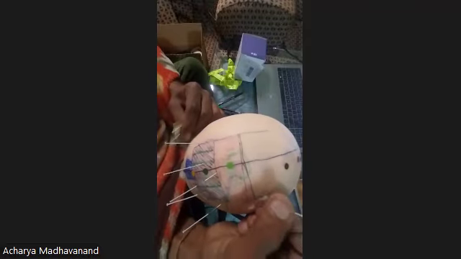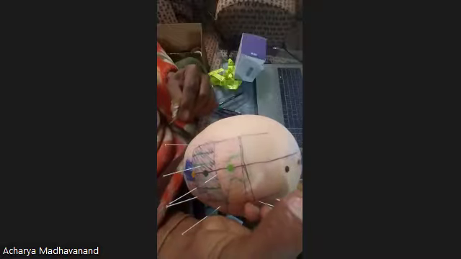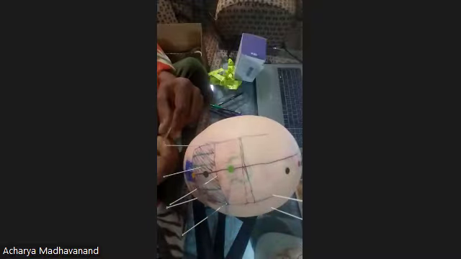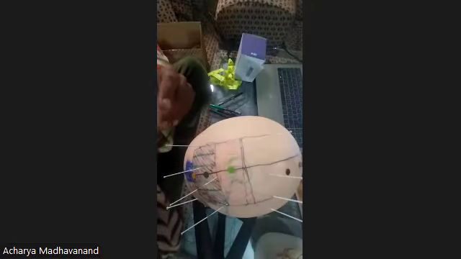Then from the posterior side, like this. And from the middle, like this.